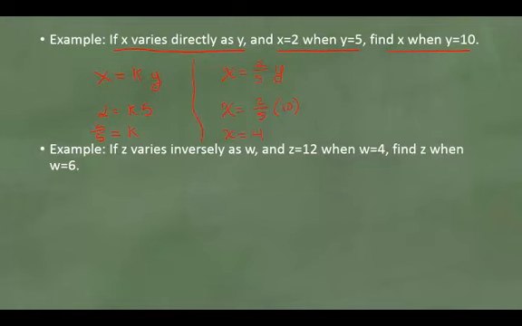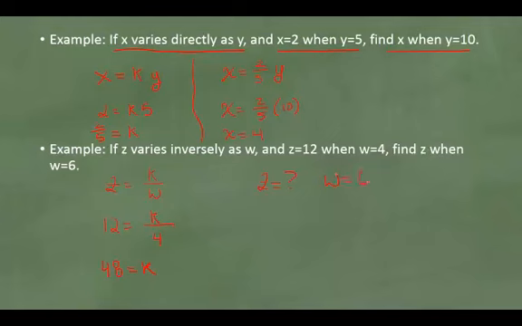If z varies inversely as w, in other words, z is equal to k over w, and z is equal to 12 when w is equal to 4. In other words, 4 times 12 is 48, so k is 48. Find z when w is equal to 6.